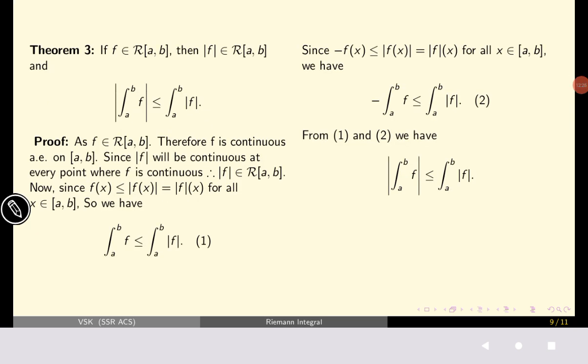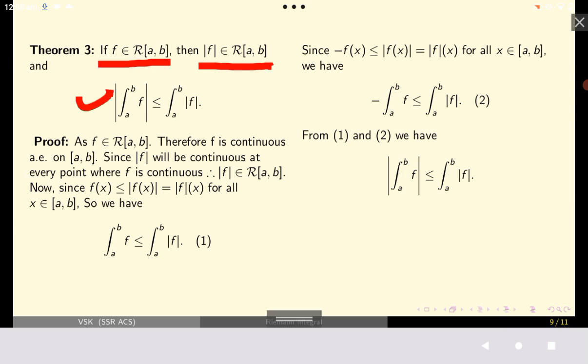Now let us see one very simple theorem. It says that if f is Riemann integrable over AB, then modulus of f is also Riemann integrable over AB, and the modulus of the integral over AB of f is less than or equal to the integral over AB of modulus f. So this is a simple statement that we are going to prove. As f is Riemann integrable on AB, by definition f is continuous almost everywhere on AB.